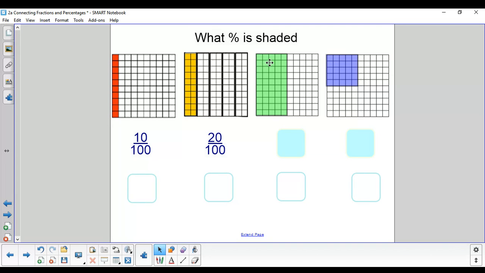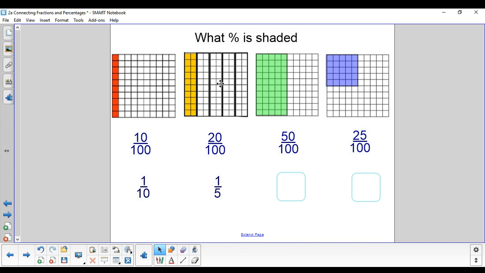And then 10, 20, 30, 40, 50, you might know what that is instantly, and 5, 10, 15, 20, 25. These are all special, and we can actually make these simpler fractions. So if we divide both by 10, you can take the 0 off, and then that means 10% is a tenth. 20%, you can take the zeros off and get 2 tenths, but actually that reduces further to a fifth.